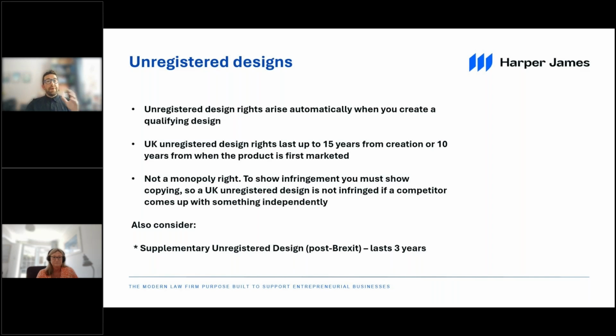So if we think about that dress example, a UK unregistered design right will protect the shape of the dress, so the outline effectively, features on the dress, so that could be the placement of straps, the placement of buttons, etc. But it wouldn't protect the pattern that might be on the dress. That would be surface decoration, so that's not covered by an unregistered design right.